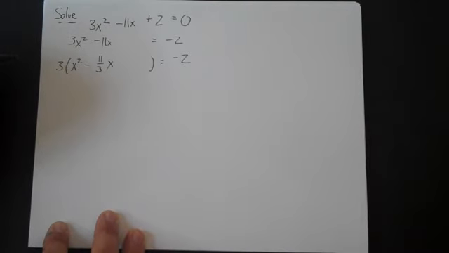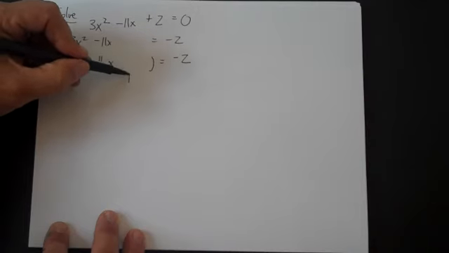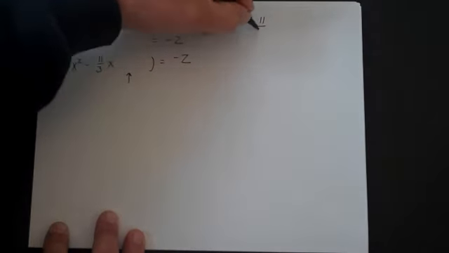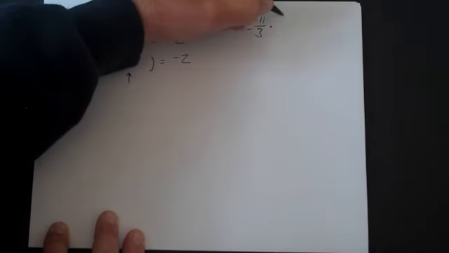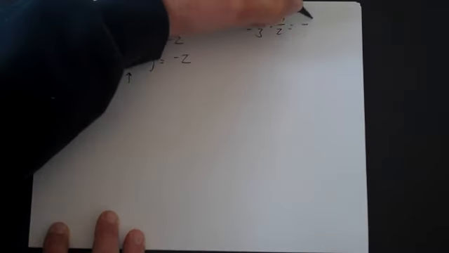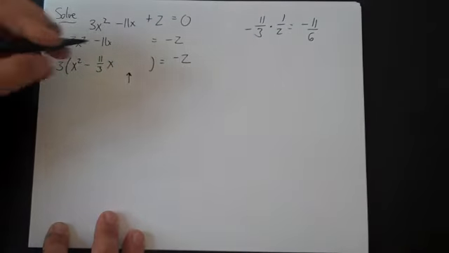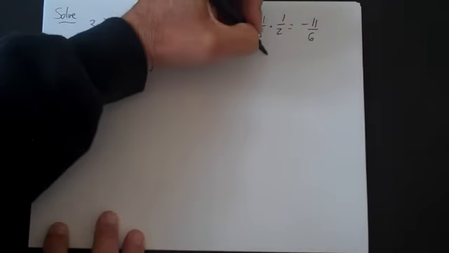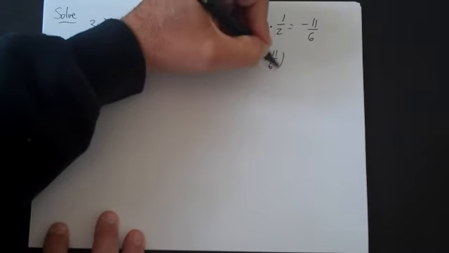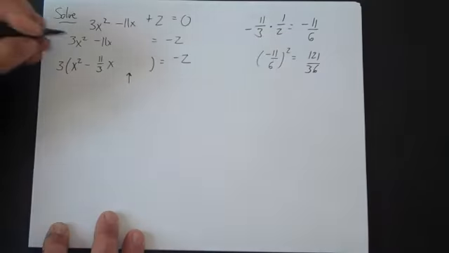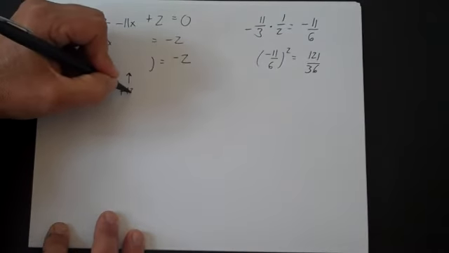And now what you're going to do is complete the square. So here it's minus 11 thirds. You're going to half it or multiply by 1/2, so that's minus 11 over 6. And then you're going to square that. Minus 11 sixths squared is going to be 121 over 36. So here you're going to add 121 over 36.